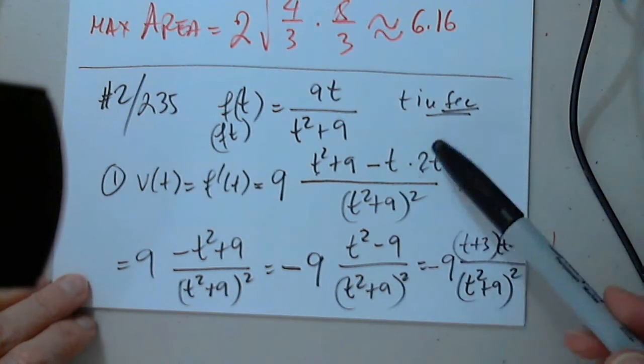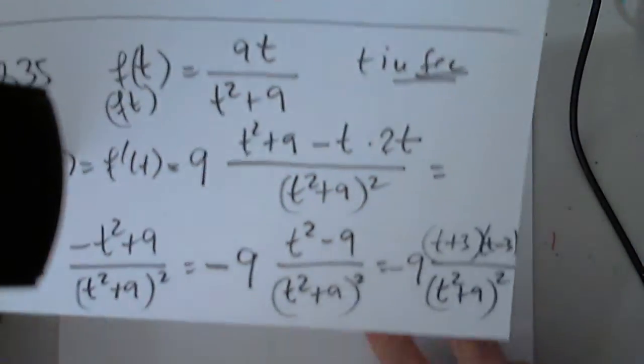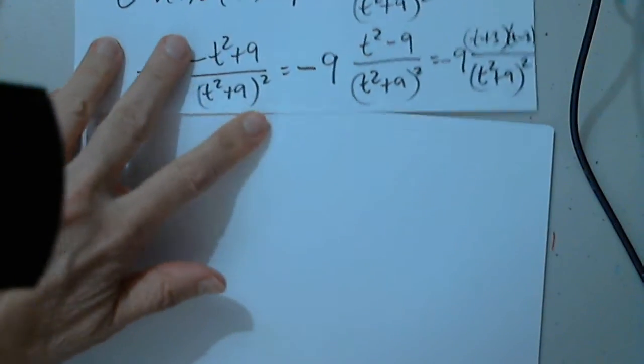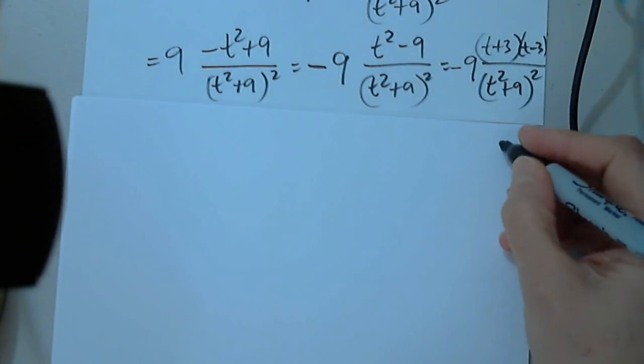Okay, so we found the velocity. We already prepared it for what follows because we know what the question is asking next. And it says find the velocity after 1 second.